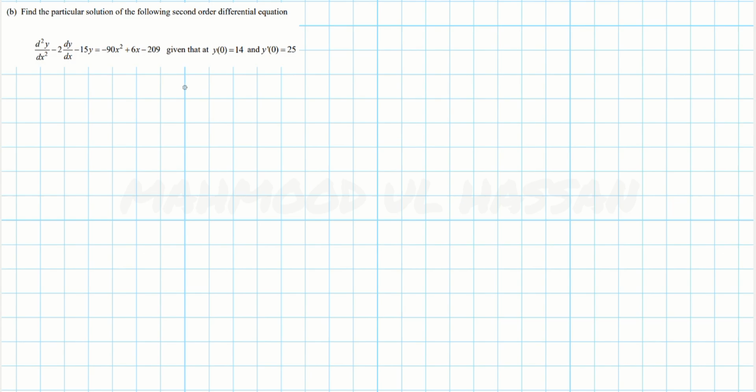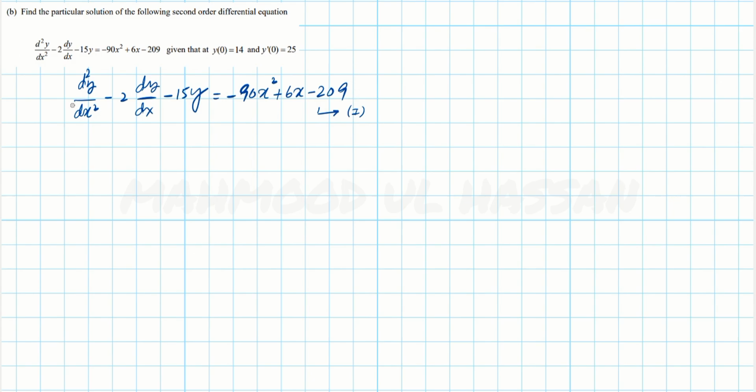Our differential equation is d squared y over dx squared minus 2 dy over dx minus 15y equals minus 90x squared plus 6x minus 209. Let me call this equation number 1.